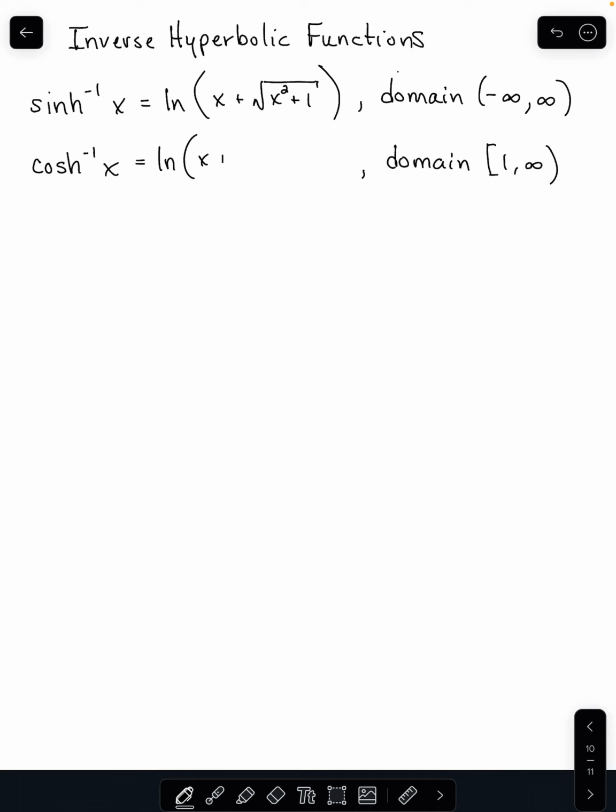The only difference here is that under the radical, we have a subtraction of 1 rather than an addition of 1. So we have a different domain, clearly, and a very similar algebraic form that has one very important difference to it.